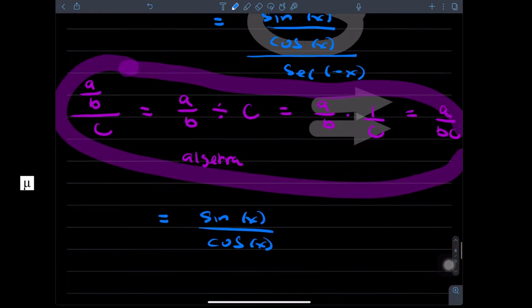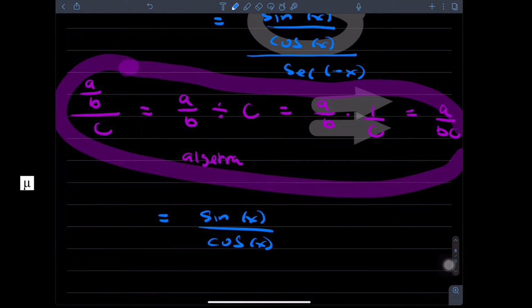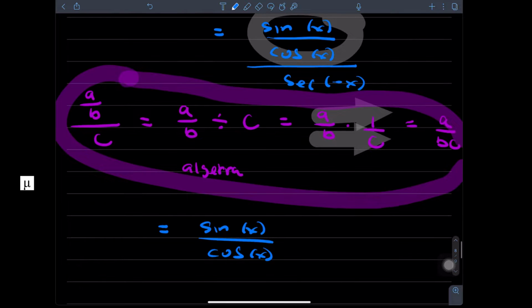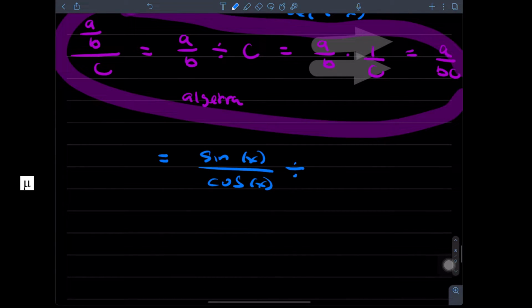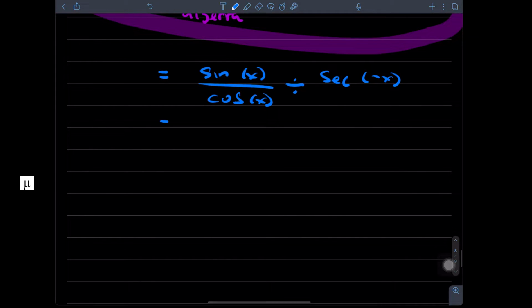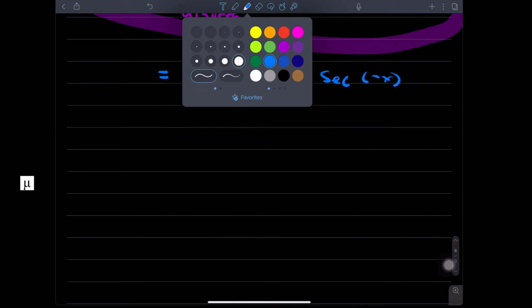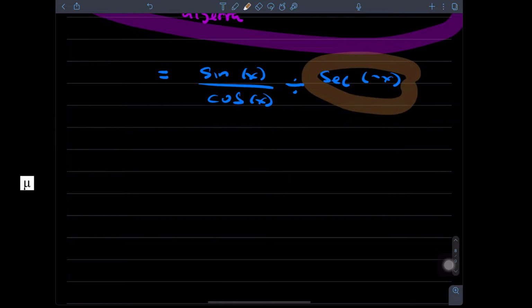Sine over cosine, right? Divided by secant minus x. Is that true? And I might even go further. Let me do this at this point, because I could. Do you guys know what secant really is?